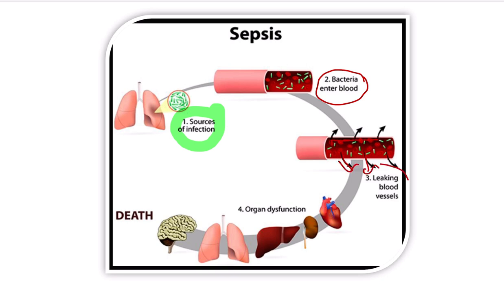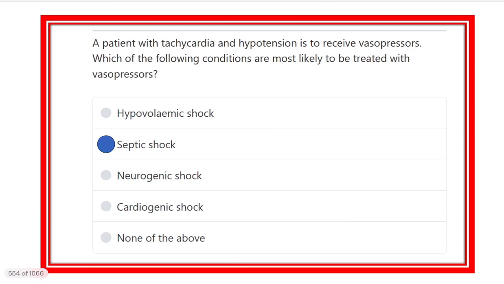This leads to blood going into the different extracellular spaces, and finally organ dysfunction and death occur. So septic shock or septicemia is one of the most dangerous conditions among the shock types.